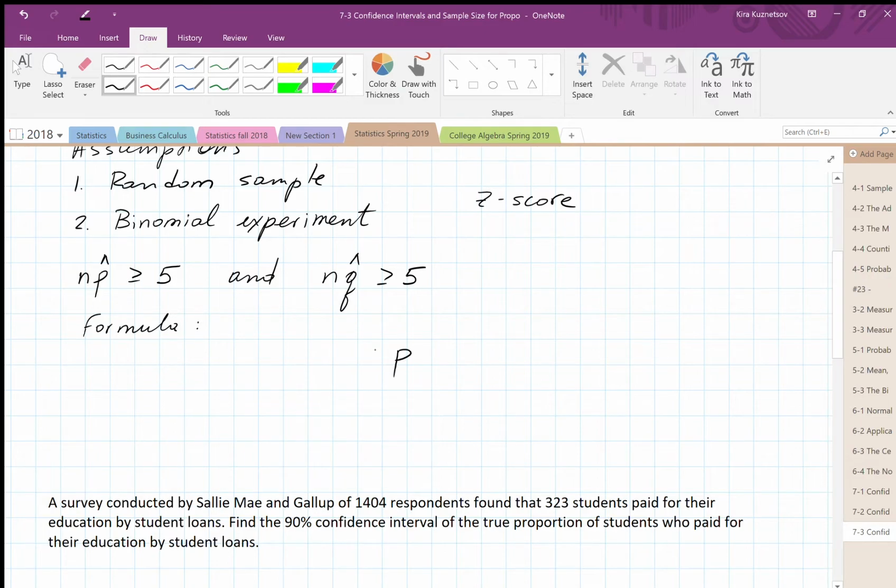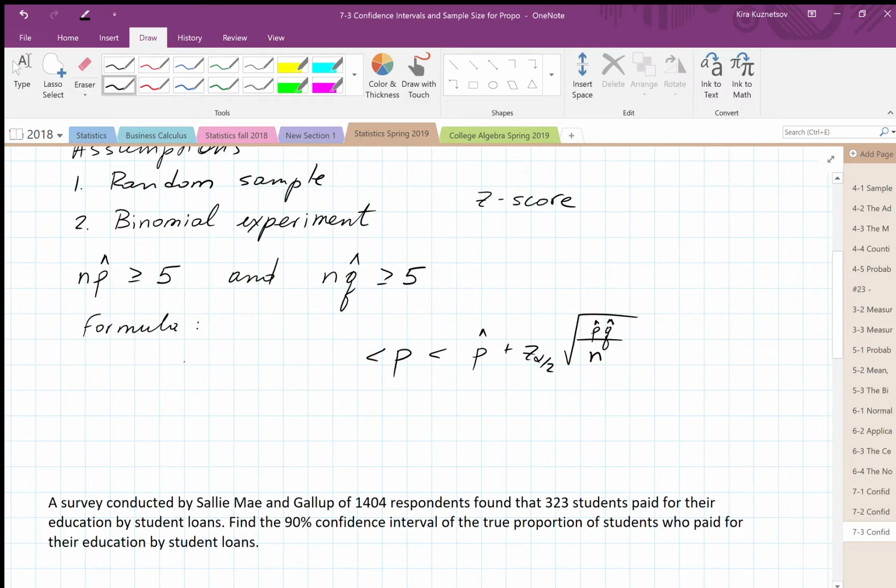The P can be approximated by taking a P hat and adding the z alpha over 2, so the z that corresponds to the middle 90%, 95%. In the parentheses, you're going to have the square root of P hat, Q hat divided by n.